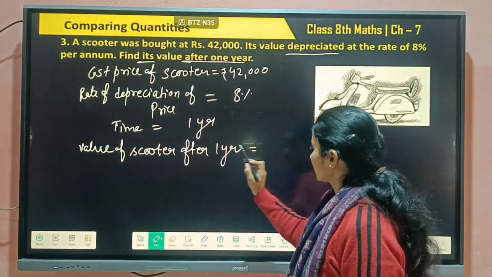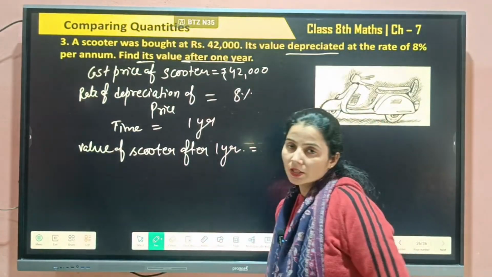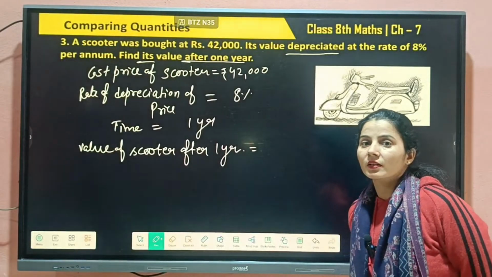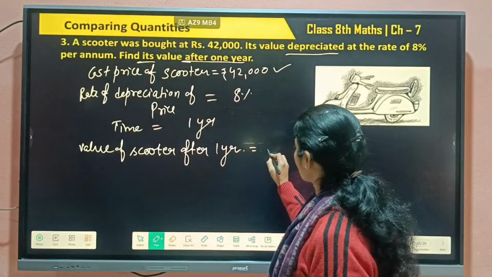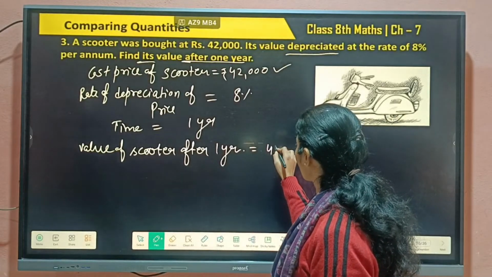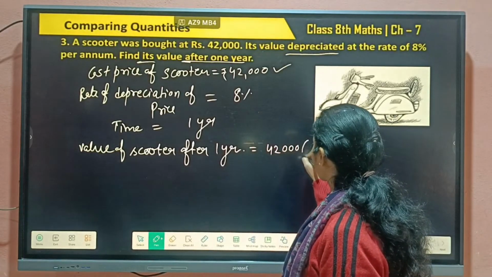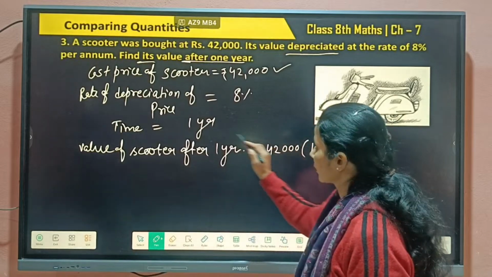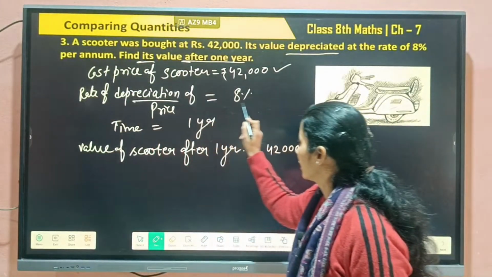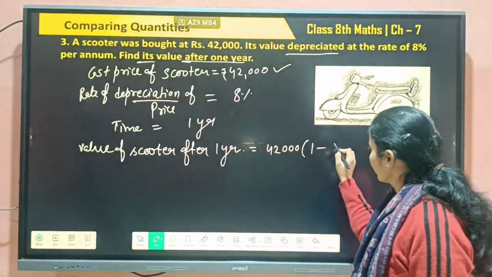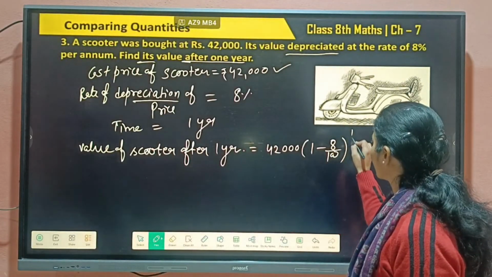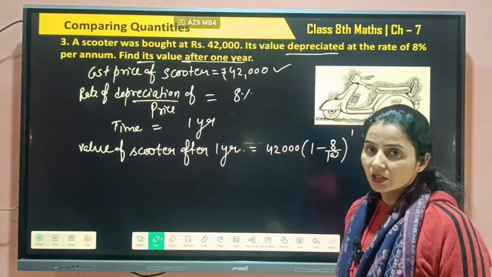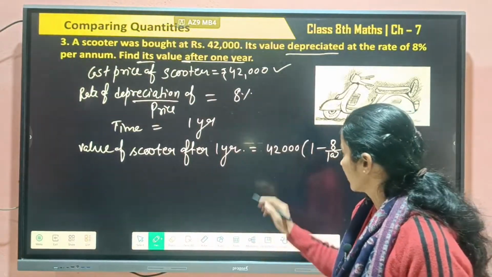The value after 1 year is acting like an amount, and this initial price is the principal, 42,000 into 1 minus, because this is a depreciating rate, so I will write minus 8 by 100 and its power is 1, because after 1 year we need to find its depreciated value.